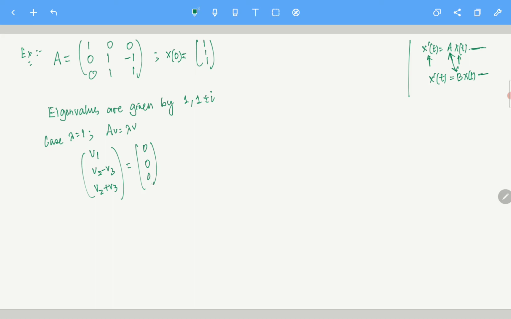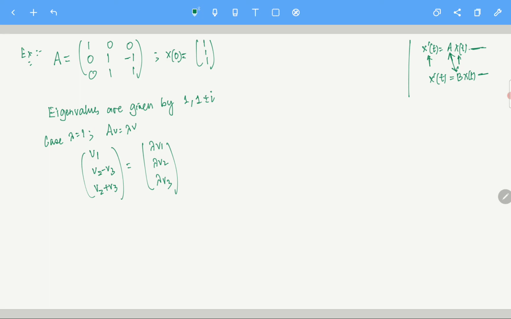Sorry, the vector v is given by (v1, v2, v3), so the right side is lambda v1, lambda v2, lambda v3. Clear?